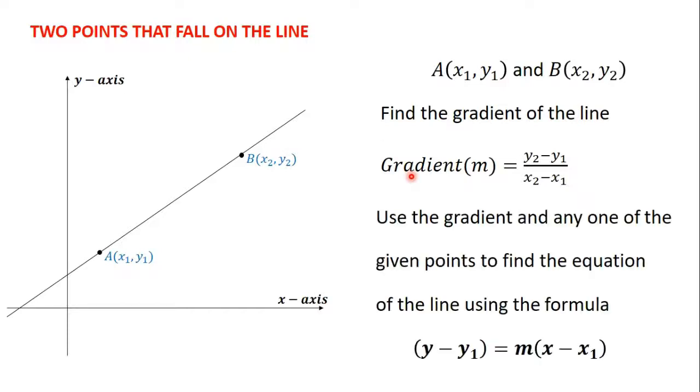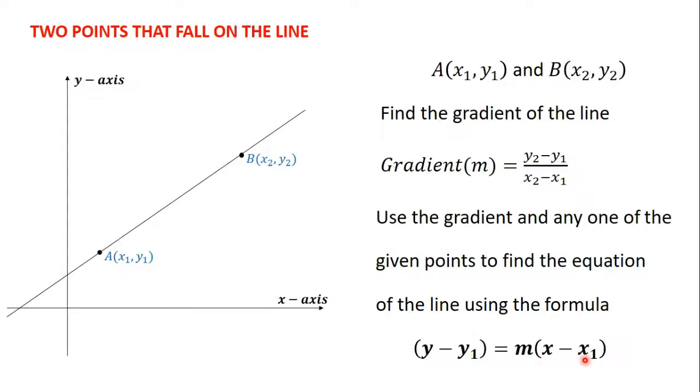After you have found the gradient, you use the gradient and any one of the points to find the equation of the line by using the formula y minus y1 is equal to m into brackets x minus x1.